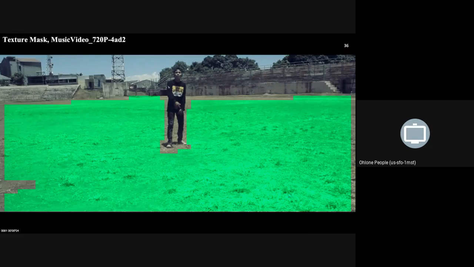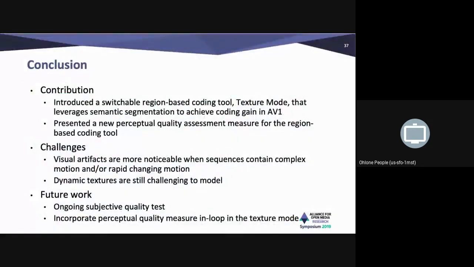All right. So to conclude, we propose a switchable region-based coding tool that can be enabled depending on whether we're anticipating data rate savings, and also a new perceptual quality assessment measure to quantitatively evaluate our approach.